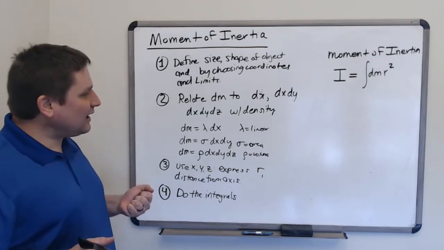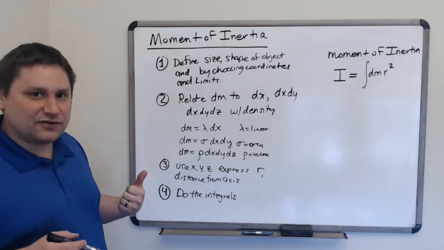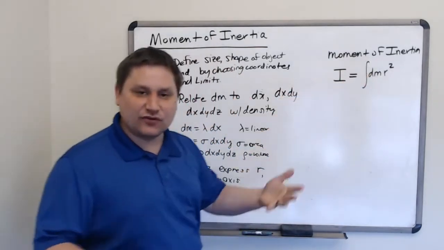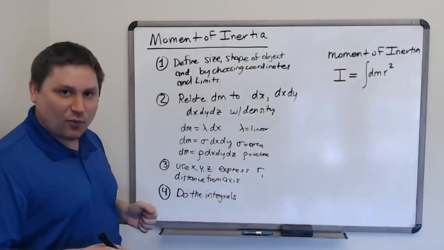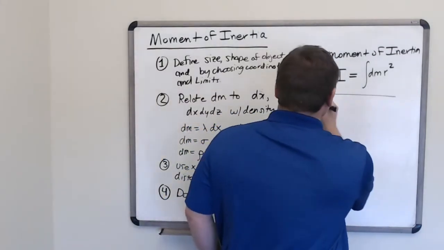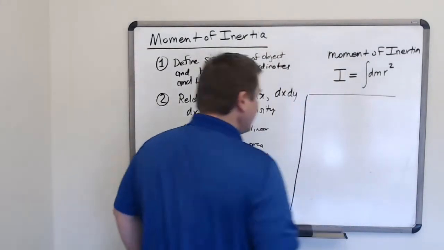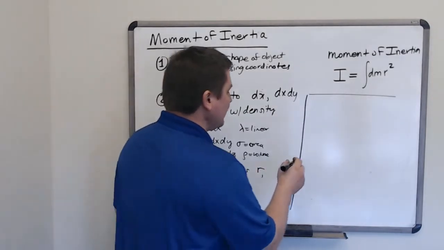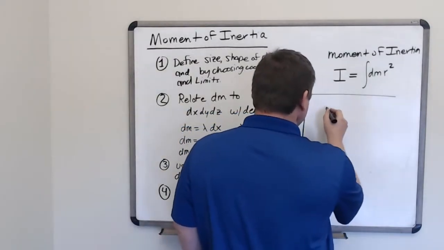The real hard part of these integrals is usually working with the limits, choosing the right limits, way back on step 1. So let's test out this procedure, and we'll go through it for a somewhat specific shape.